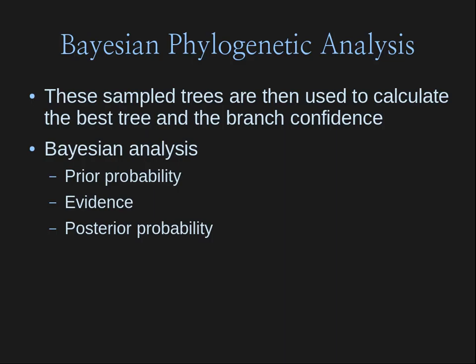So we start with a prior something like this, then we use all the trees that we have sampled as the evidence to come up with what are called posterior probabilities. And when you find Bayesian branch support, oftentimes it is called the Bayesian posterior probability for the branch support.